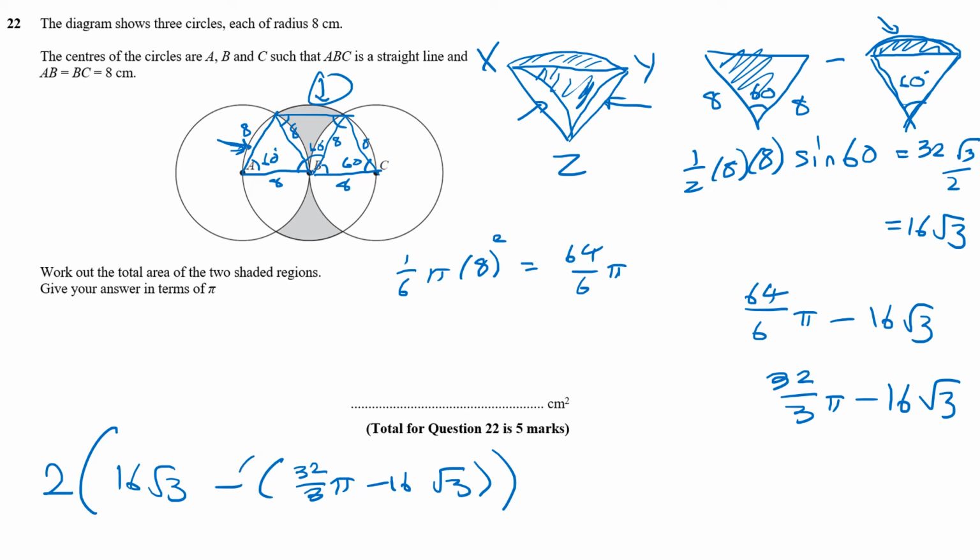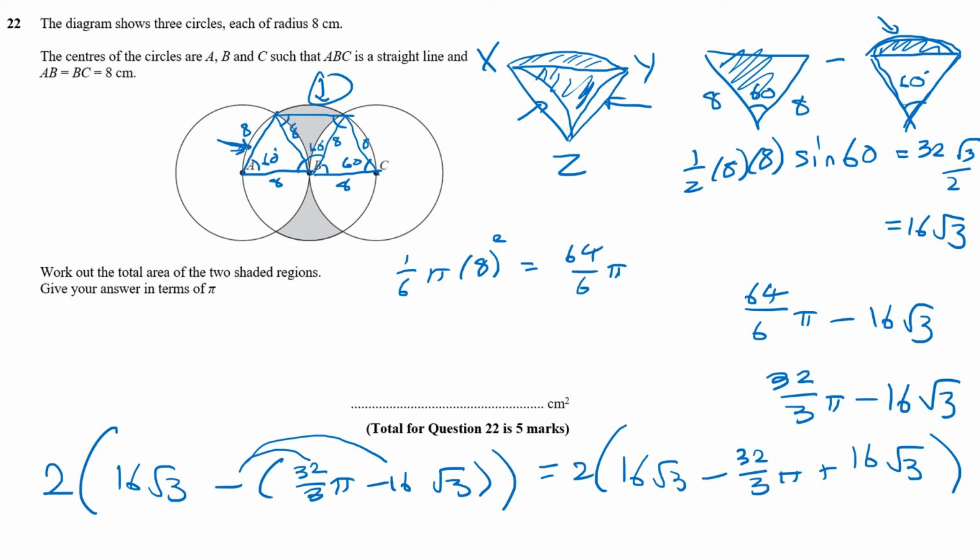Now inside here we have negative 32 over 3 pi, and we have negative times negative 16 root 3. So altogether this is 2 lots of 16 root 3, subtract 32 over 3 pi, add 16 root 3. Because subtracting a negative is the same as adding.